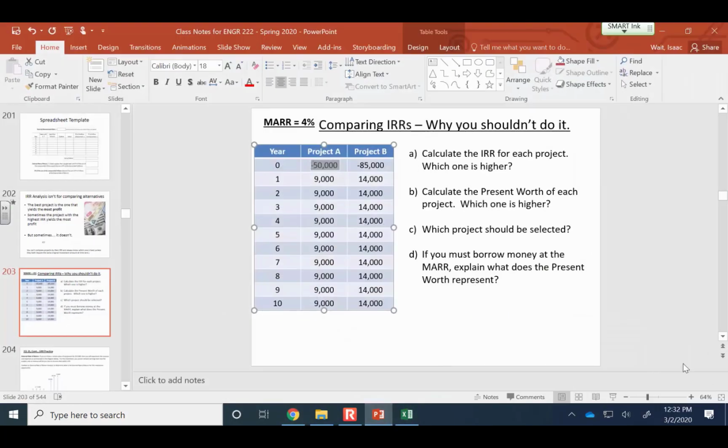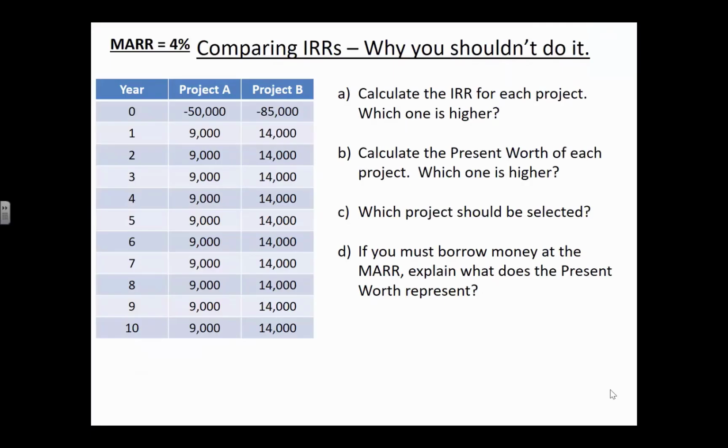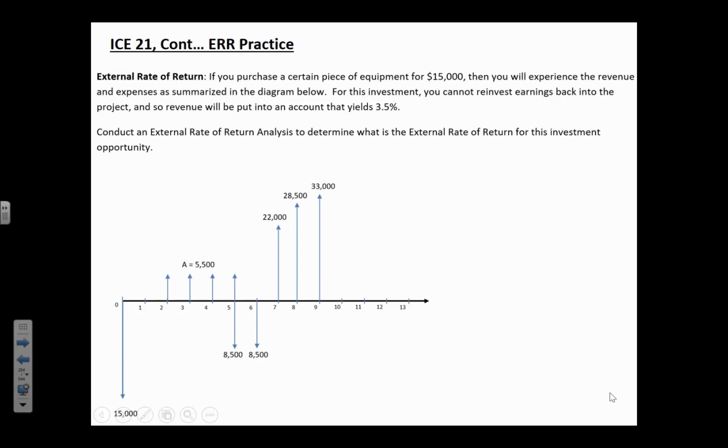All right, now on the back side of the paper, we're going to get some practice with the external rate of return. So I've given you a cash flow diagram, and we're going to use that same method that you first learned on Friday, where you're going to take all of the costs to the present, the revenues to the future, and you're going to do that at the external reinvestment rate.